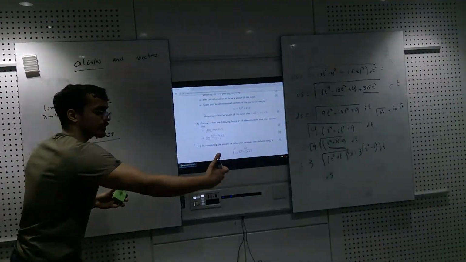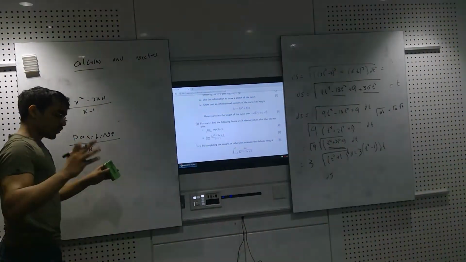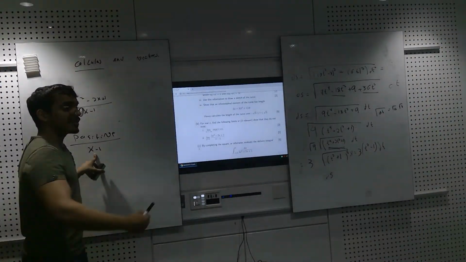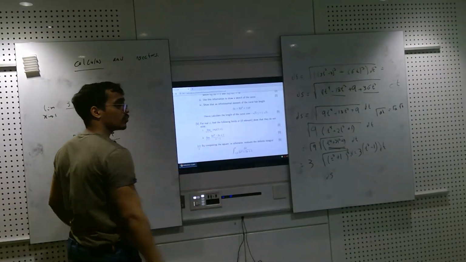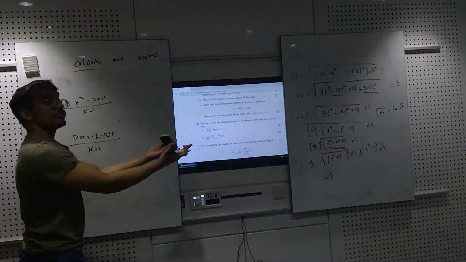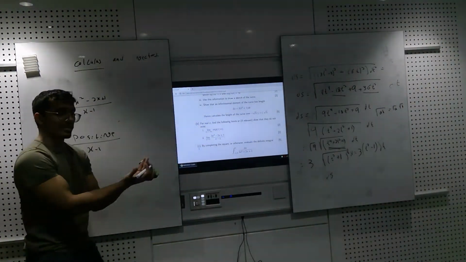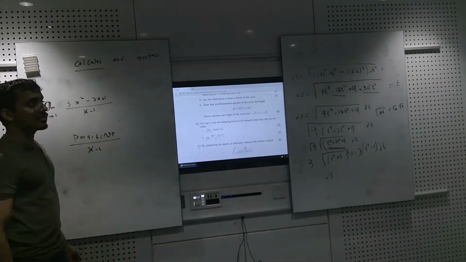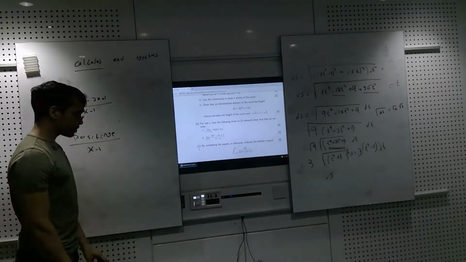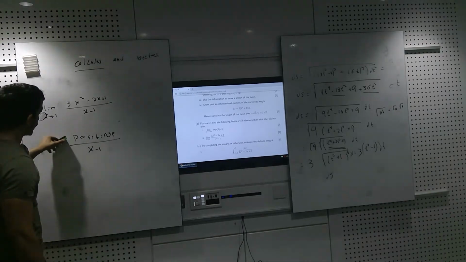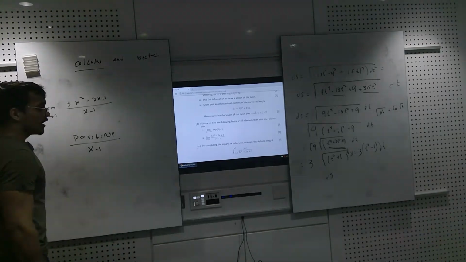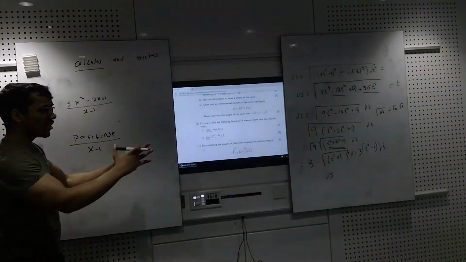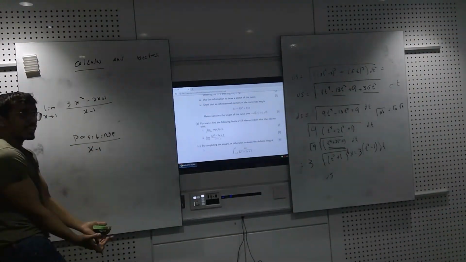If you come from the right, from numbers greater than 1, for example 2, you get positive divided by positive, which is positive. But if you come from numbers less than 1, let's say 0, you get positive divided by negative, so it's negative.